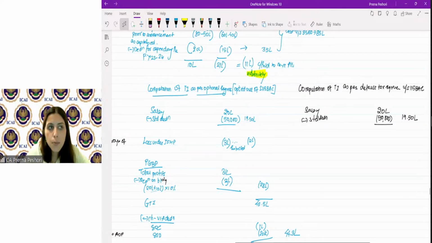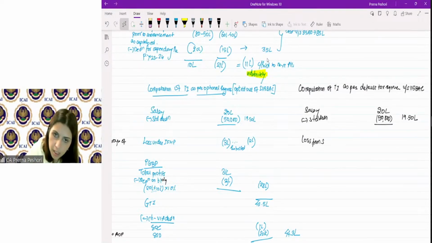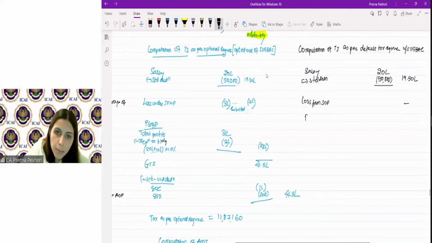Loss from house property, is it available? Yes, Geeta, the house property loss is not allowed. So you're correct. Loss from SOP is not allowed.